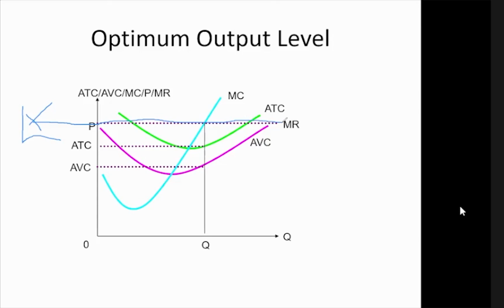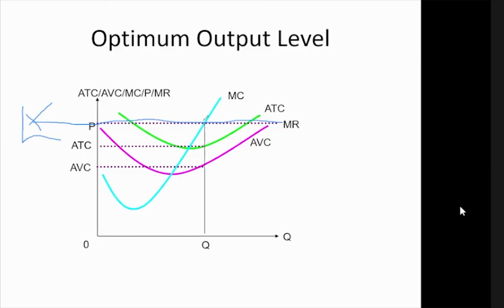Marginal revenue means the revenue generated by increasing output by 1 unit. When we increase our output by 1 more unit, the additional revenue added to the total revenue is known as marginal revenue.